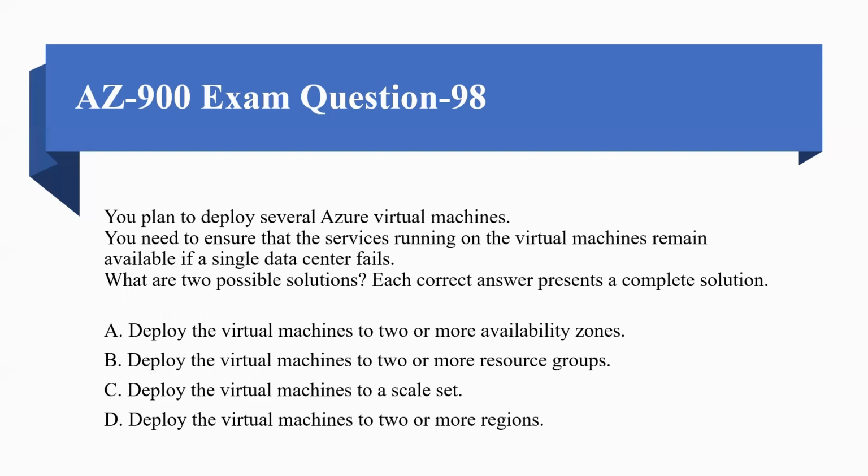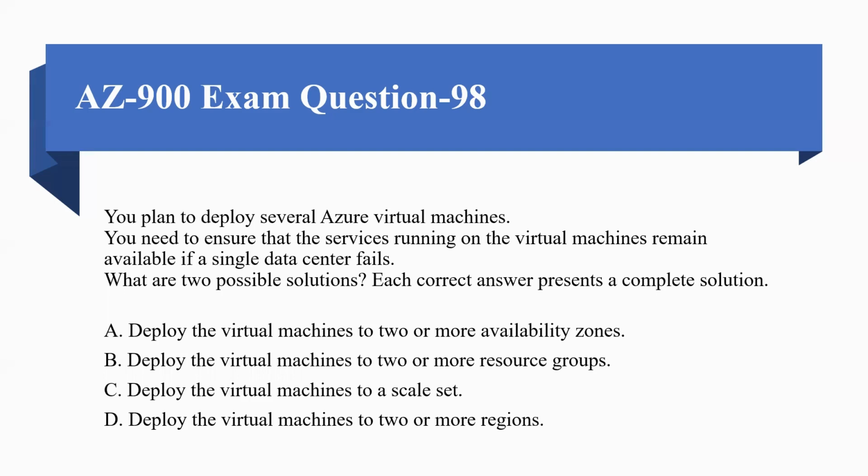Coming to question number 98, you plan to deploy several Azure virtual machines. You need to ensure that services running on the virtual machines remain available if a single data center fails. What are the two possible solutions? Each correct answer presents a complete solution. Option A, deploy the virtual machines to two or more availability zones. Option B, deploy the virtual machines to two or more resource groups. Option C, deploy a virtual machine to a scale set.